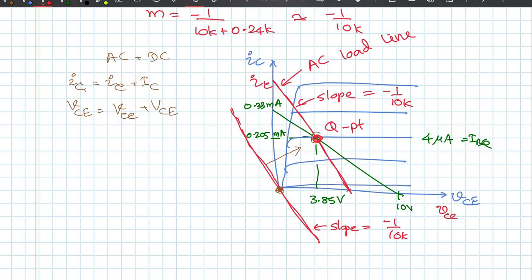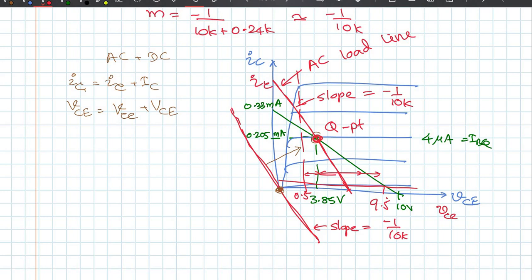Now the original question that we asked: is this properly biased? In order to answer that question, we need to know whether we can have, let's say this is 0.5 and this is 9.5, voltage swings that allow 12 millivolts.